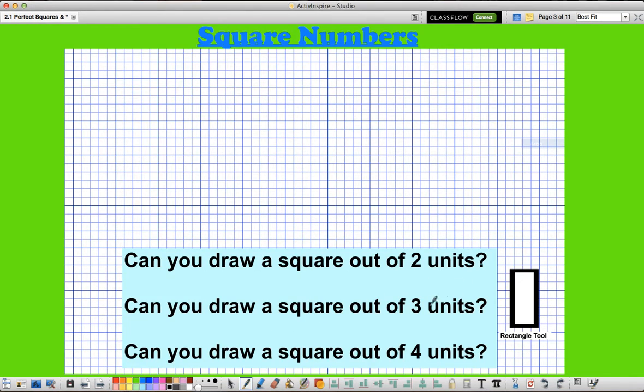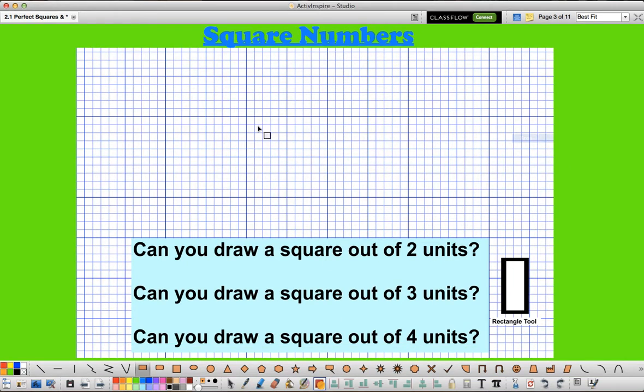All right, so square numbers. We talked about perfect squares. So let's take a look at 2. So here's 1 square and here's 2. It doesn't make a perfect square because you have 1 by 2. No matter how you do it, it makes a rectangle because the sides aren't the same length. Same thing with 3.